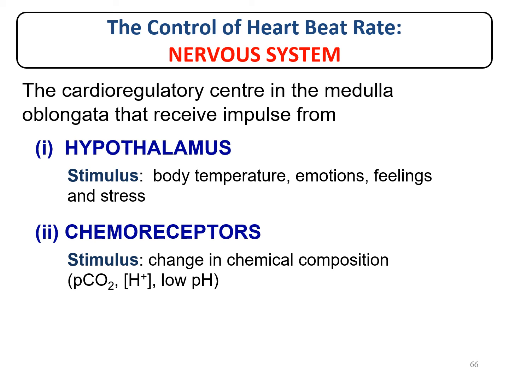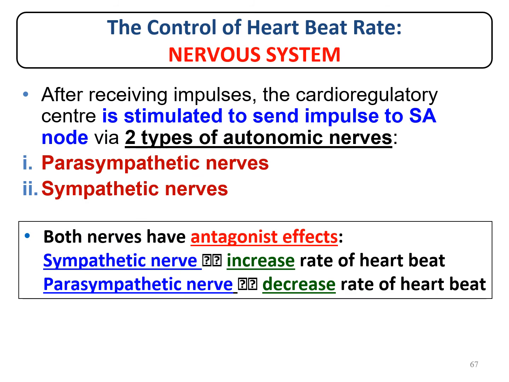The stimuli for the hypothalamus are our body temperature, emotions, feelings, and stress, while chemoreceptors help detect changes in chemical composition, such as the concentration of protons, hydrogen ions, the partial pressure of carbon dioxide, or even low pH. Usually those three are very related.